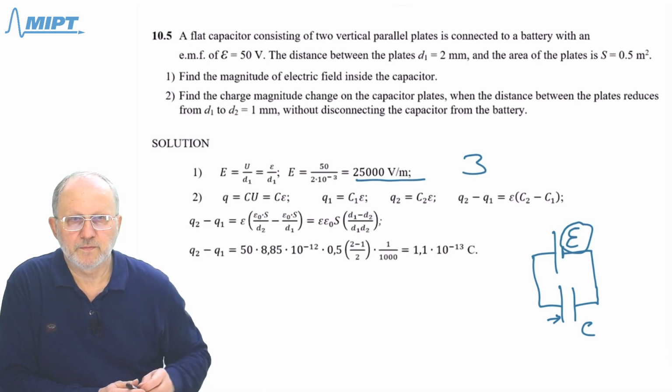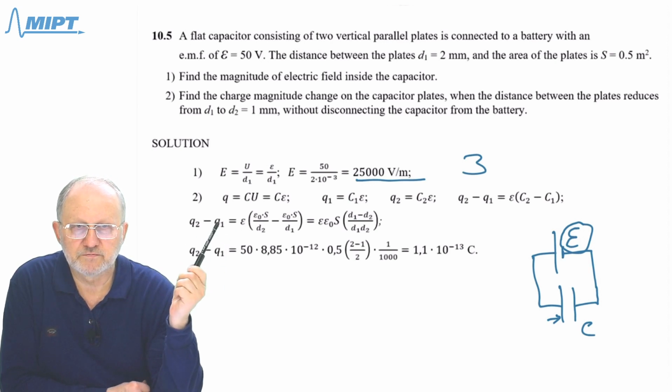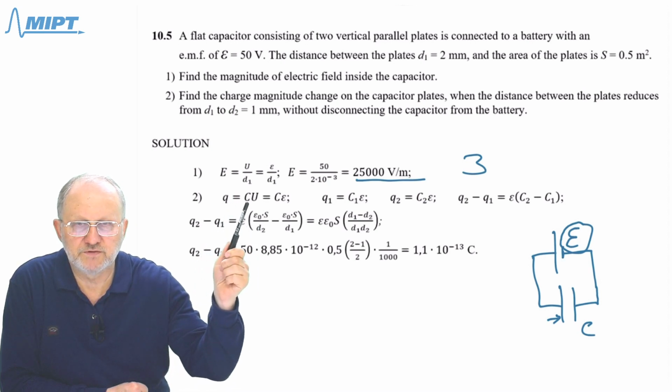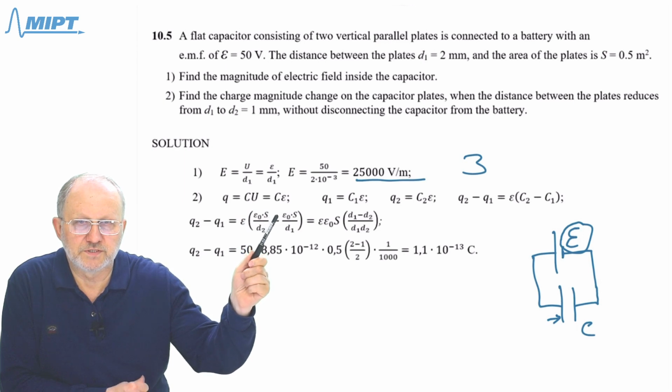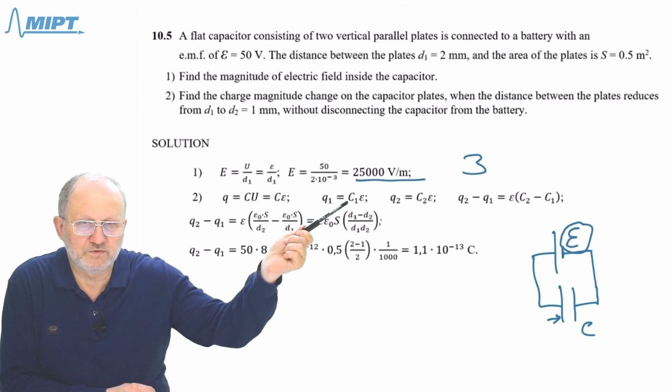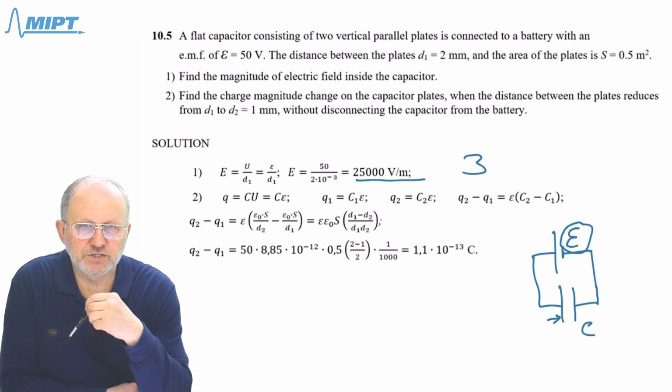In this case, we have to calculate the charge of the capacitor, which is actually calculated on the basis of the definition of capacitance. The capacitance, by definition, is the charge over potential difference. So, using this formula, we can calculate the charge of the capacitor for the first case when the distance between the plates was D1, and then for the second case when the distance has changed.